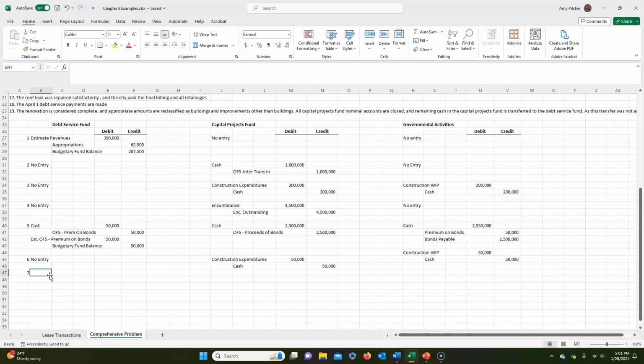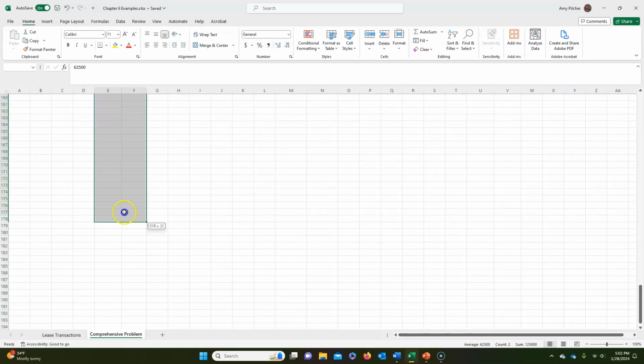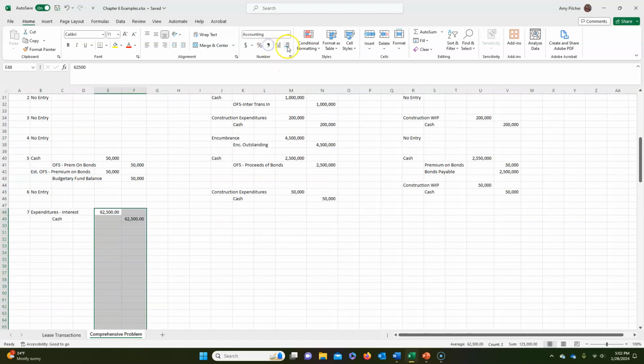So we have, let's move that down one row so we don't run into expenditures, interest of $62,500, so our 5% interest, and we paid cash. We definitely won't need that much space, but you know.